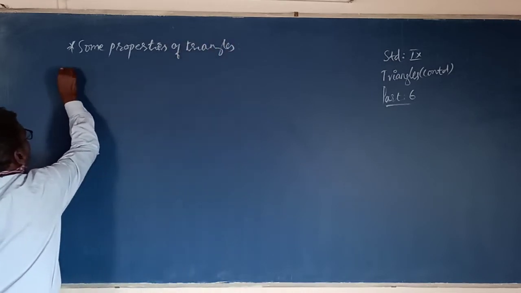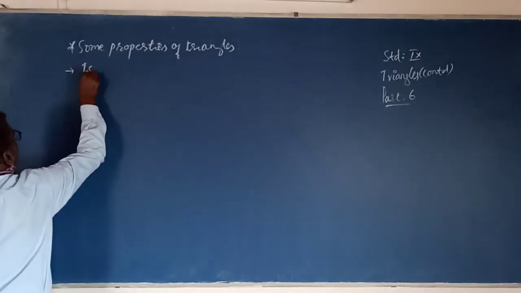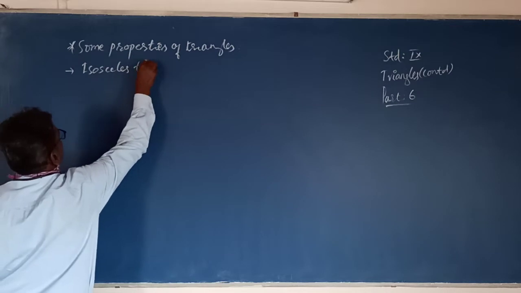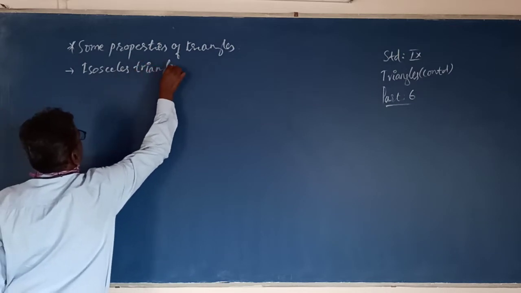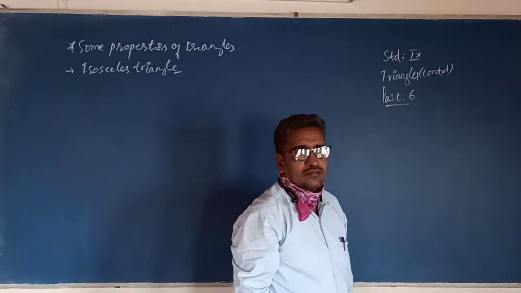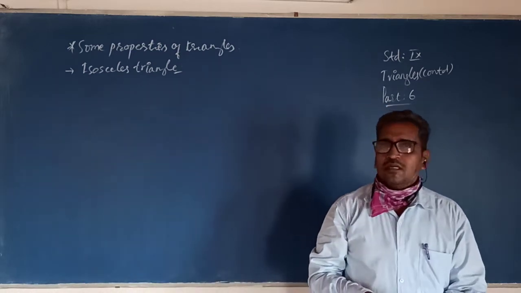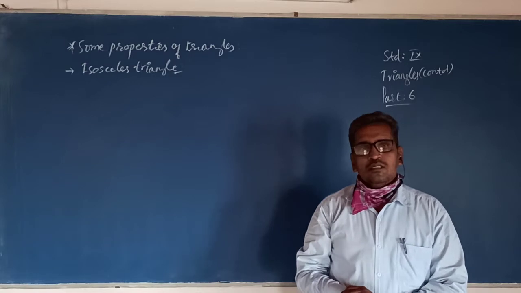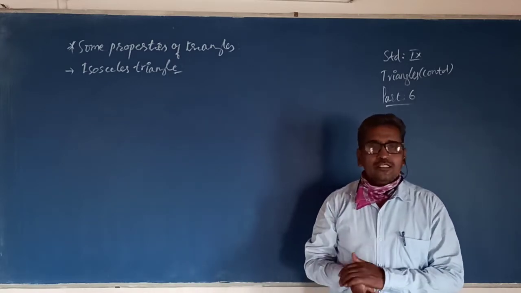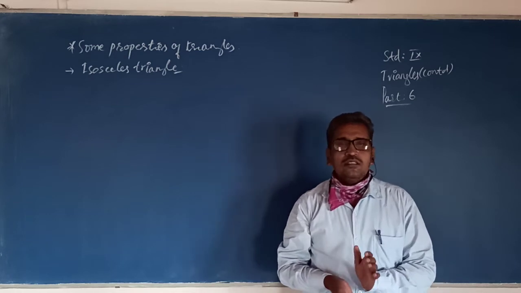Particularly, the isosceles triangle. Can you define when a triangle is said to be isosceles? Already many different types of triangles, based on angles and based on sides, are defined.